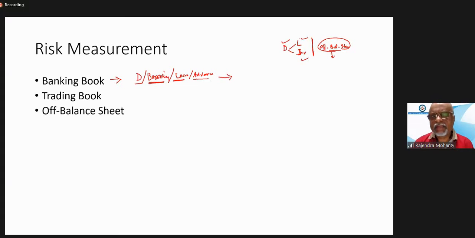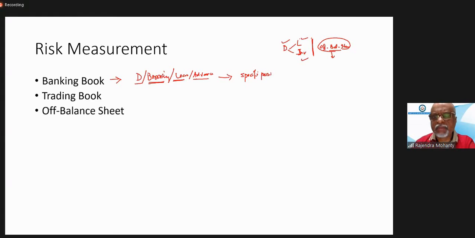The characteristic of these transactions is that any transaction we make in deposit, borrowing, loan or advances is normally made for a particular specific period.